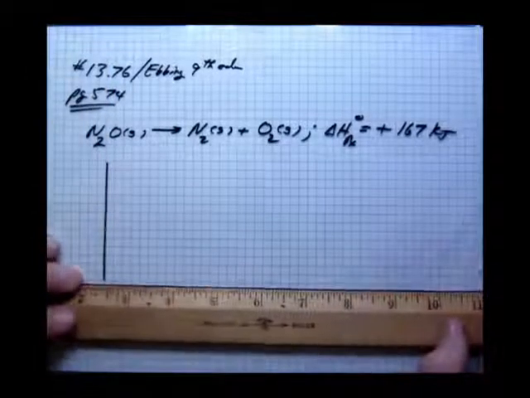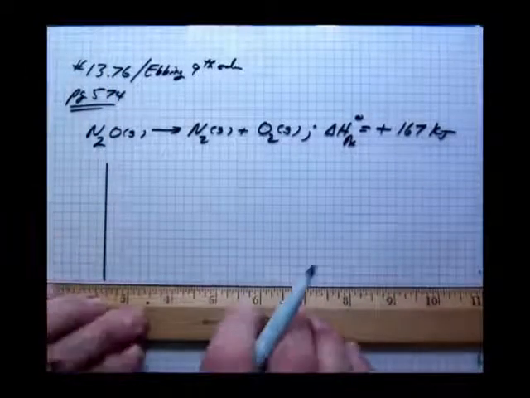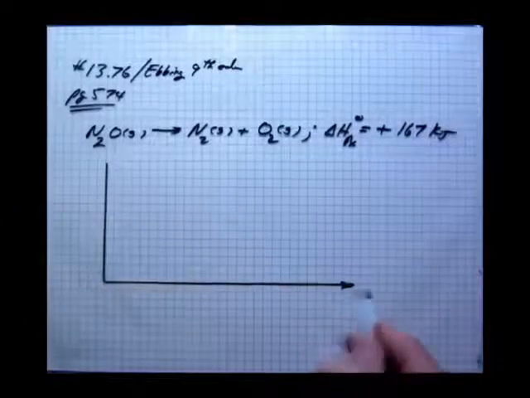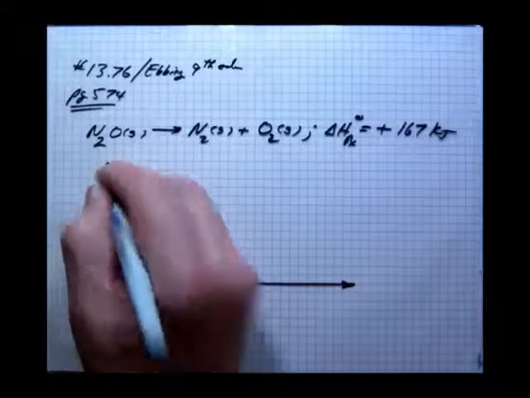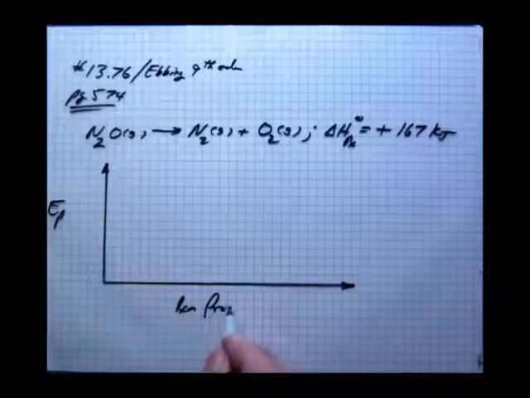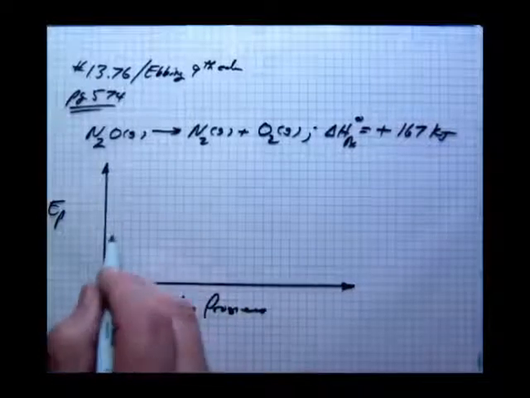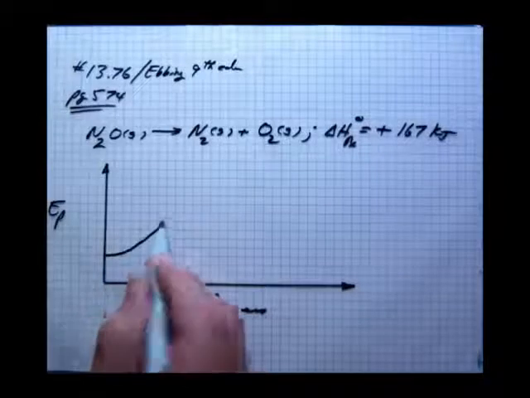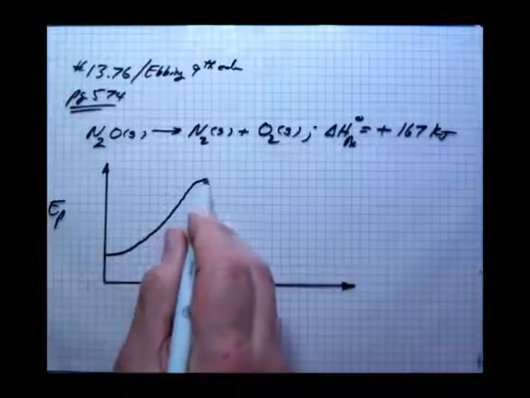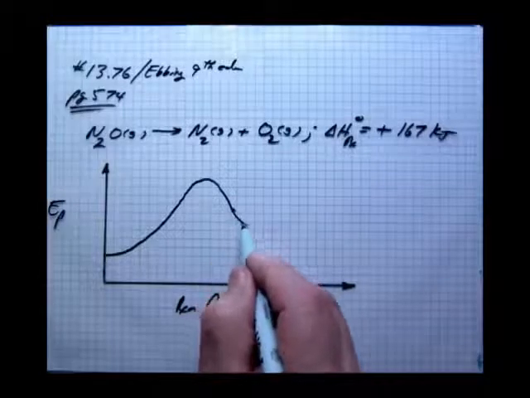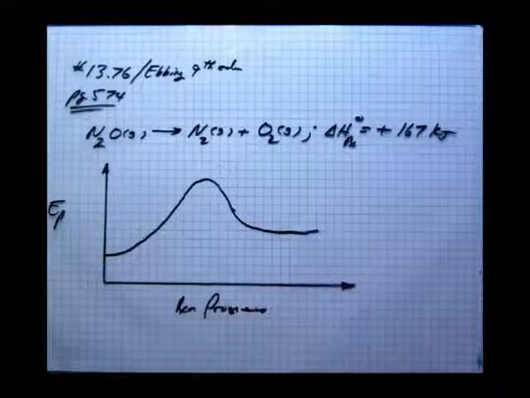Now you need to draw the diagrams because there's a little bit of a twist in how you put these together. You have to be observant: E potential versus reaction progress. We start right here, and we draw a curve that comes up like that, back down here, and levels out there.